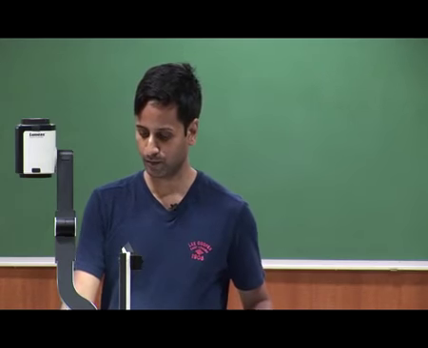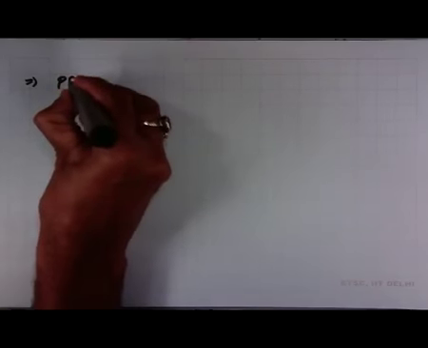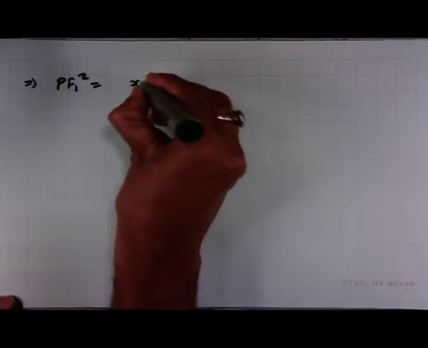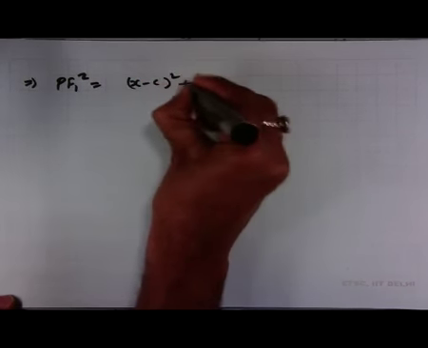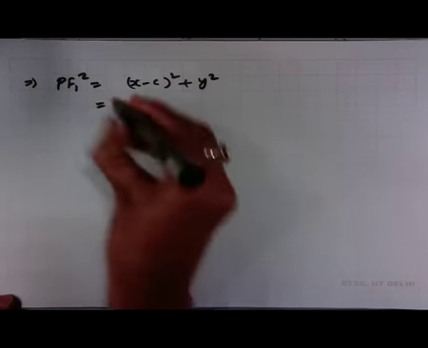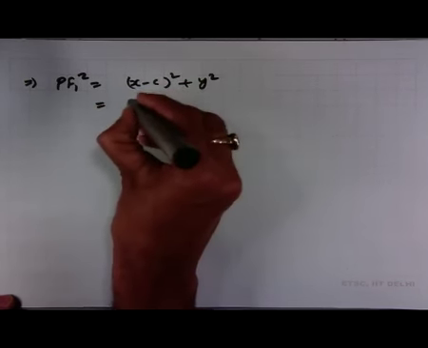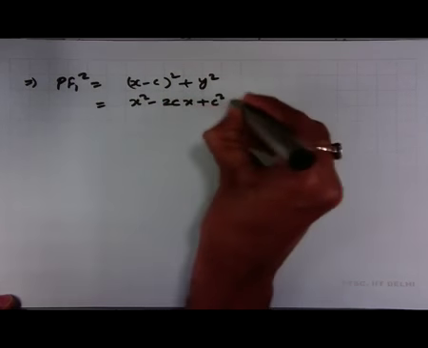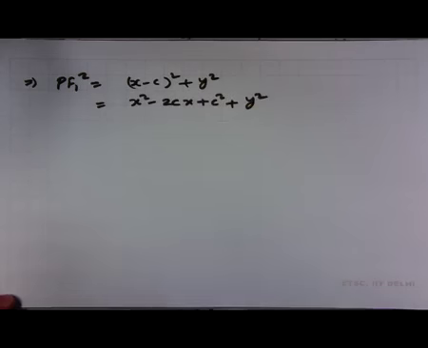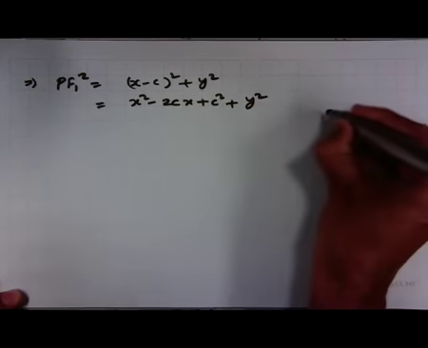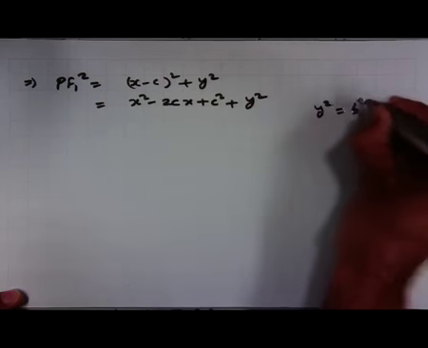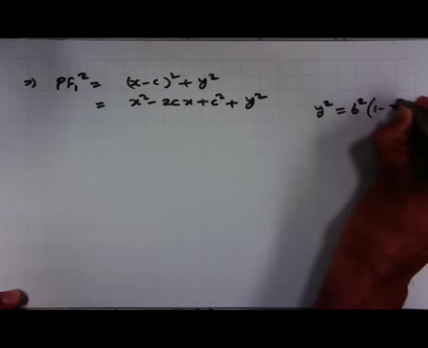So, PF1 square is (x minus c) square plus y square, which is equal to x square minus 2cx plus c square plus y square. But what is y square? Y square is equal to b square times (1 minus x square by a square).